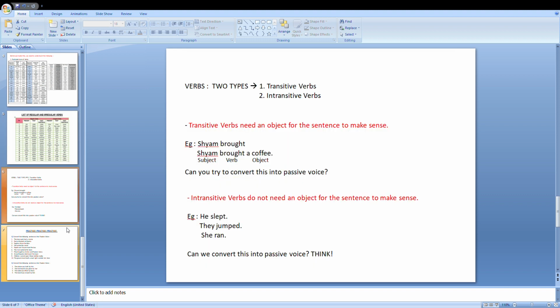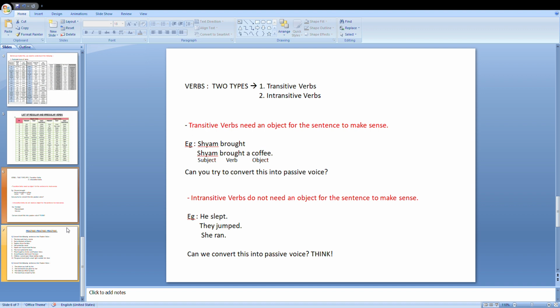The second thing that you also have to remember is when we talk about verbs, what is the basic thing that all of us know about verbs? We all know that verbs are action words. Now verbs are of two types, the transitive verbs and the intransitive verbs. These terms might sound new to you, but it is very simple.